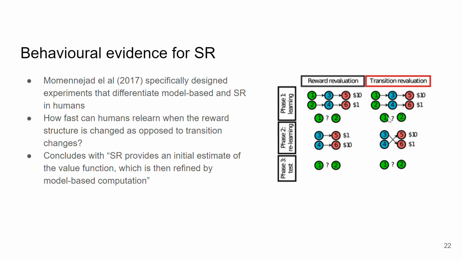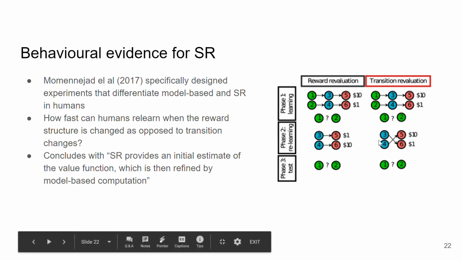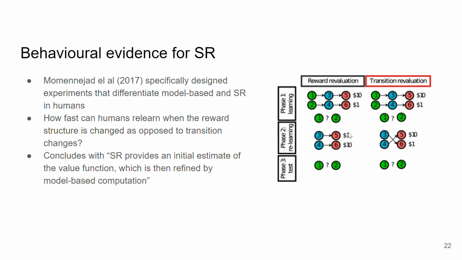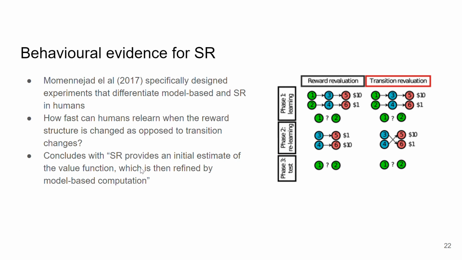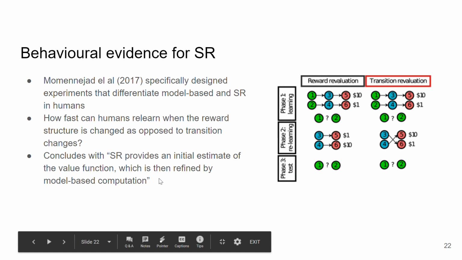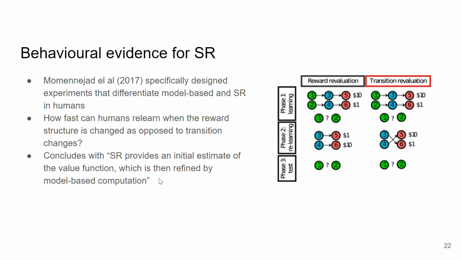Because we have more experiments to cover, I won't go into the details, but based on the behavioral data of how humans adapt to changes in rewards versus changes in transitions, this is what they conclude. They say that successor representation provides an initial estimate and then it is refined by model-based computation. So it is some kind of interaction between the model-based and successor representation that would explain the behavioral data we observe.